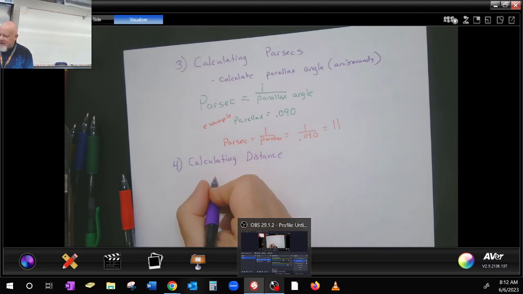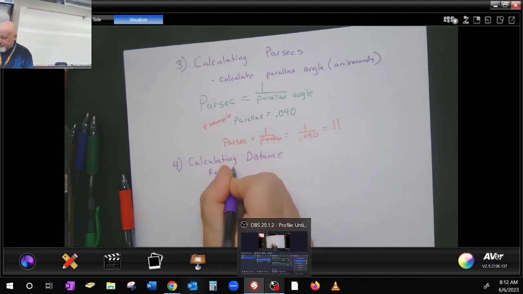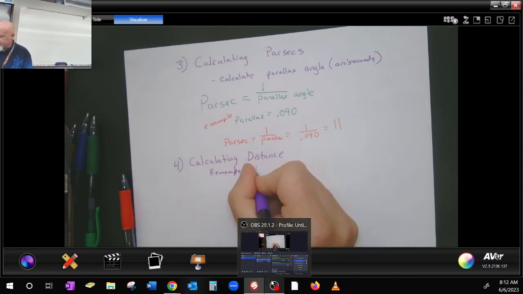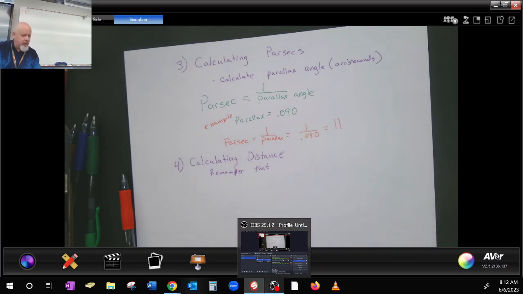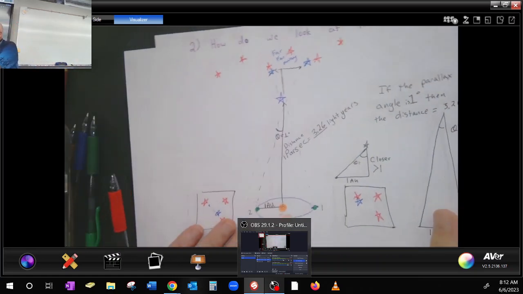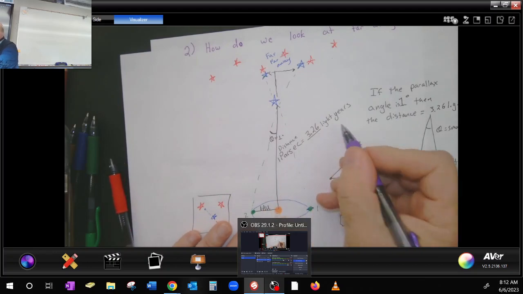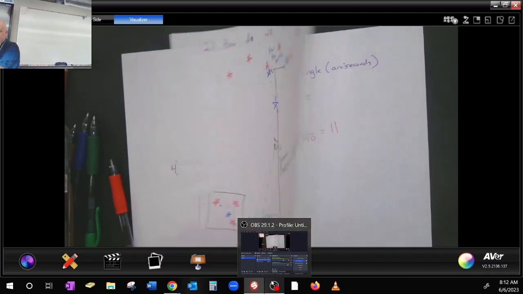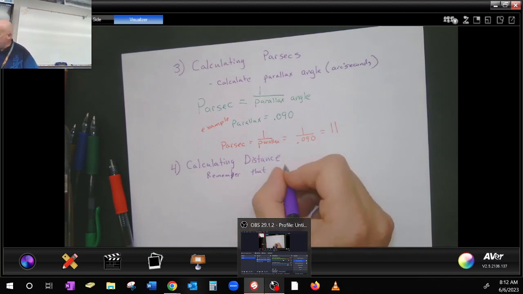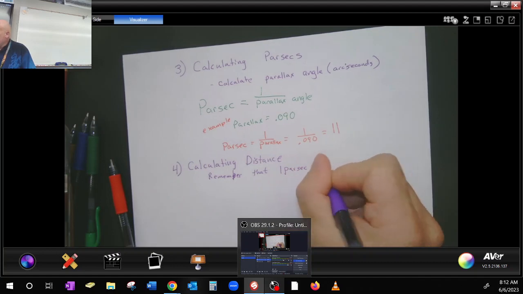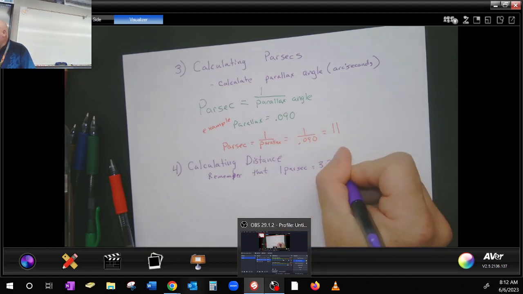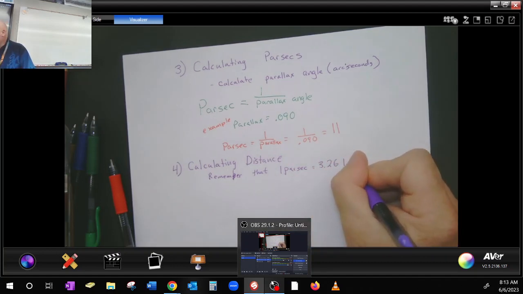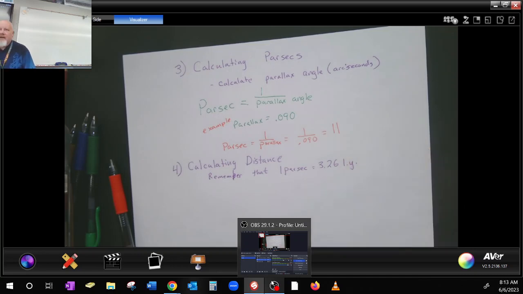To calculate the distance, remember that if we go back to this slide right here, 1 parsec is 3.26 light years. So remember that 1 parsec equals 3.26 LY, which stands for light years.